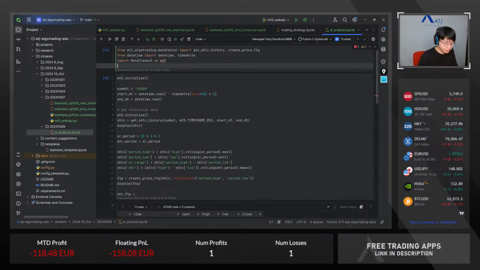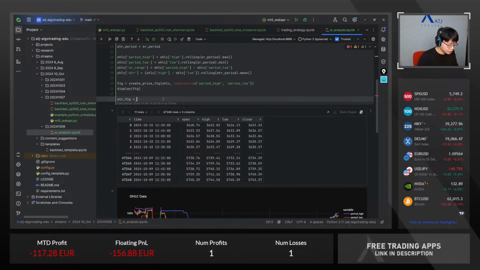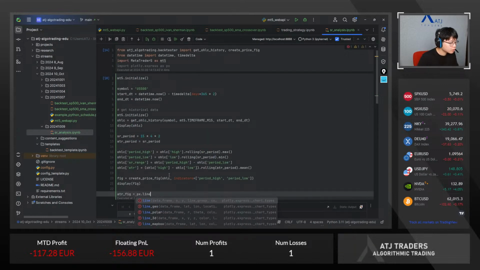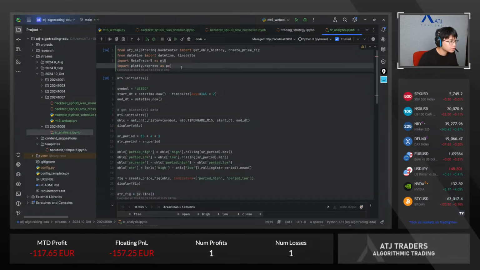So we import plotly.express as px, and then px.line. I think I need to run this still.